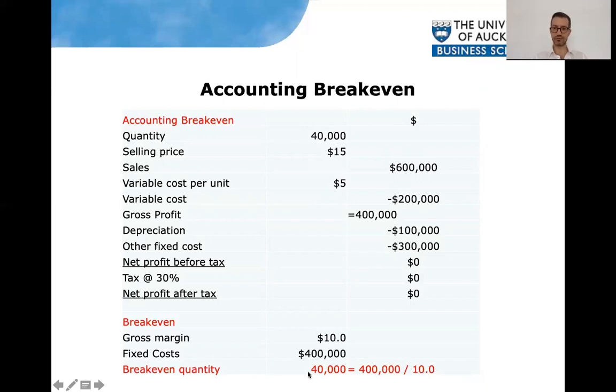I will need to sell 40,000 products to have an accounting break-even. I put 40,000 here, times 15, 600,000, 40,000 times 5, 200,000 in variable cost. The difference between 600 and 200 is 400, which is exactly what we need to cover the fixed cost, and therefore our profit is 0.